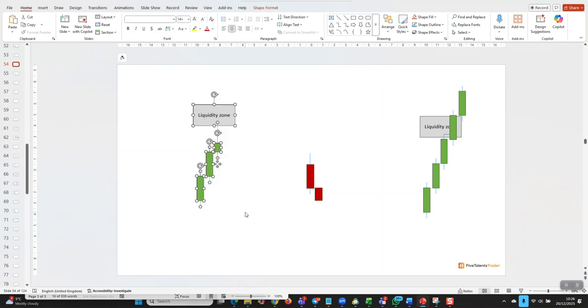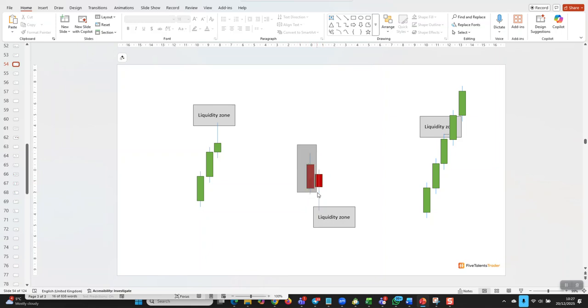By the way, if it was the other way around, where we have a liquidity zone here, let's say, and then price comes into that zone, what I want to be able to see is that price rejects away from it.